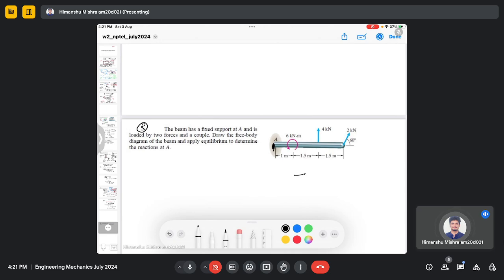Even in the truss problem, for example, if you are given a truss here, and this truss is fixed at both points, the first step is to find the reaction forces here.